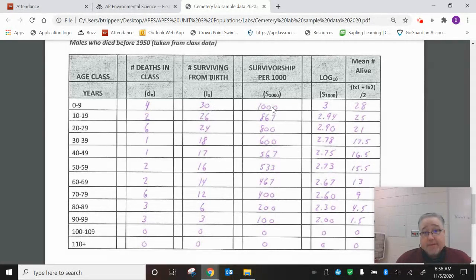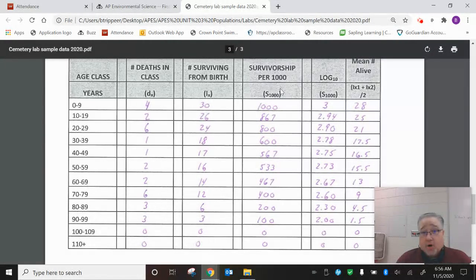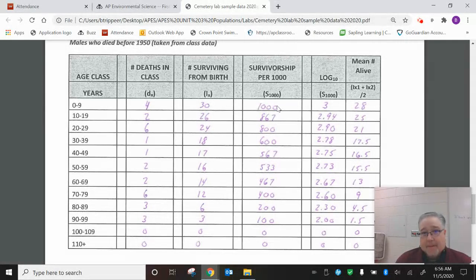Going over to the third column, this is called the survivorship per 1,000. Essentially, in this column we're converting these numbers out of 1,000. So, for example, let's say that instead of 30 individuals entering the 0 to 9 age group, there were 1,000 individuals entering it.